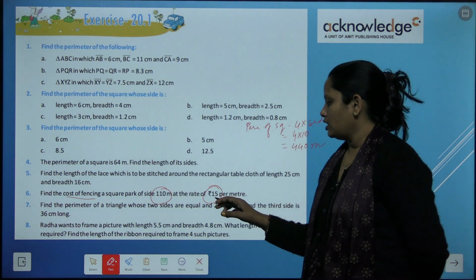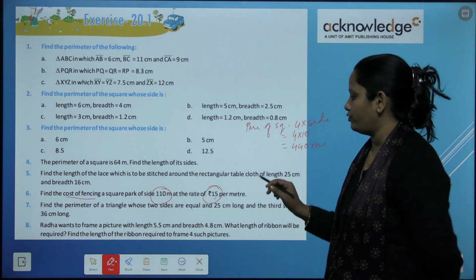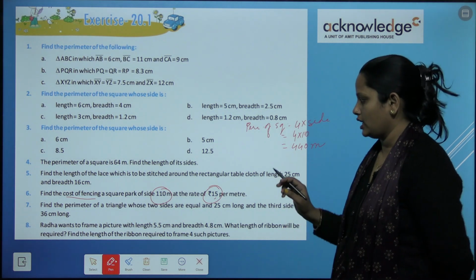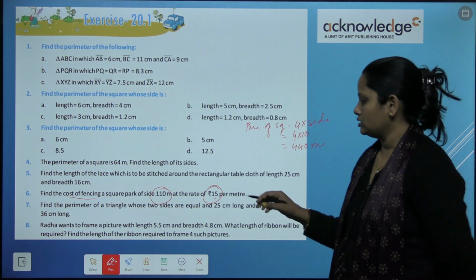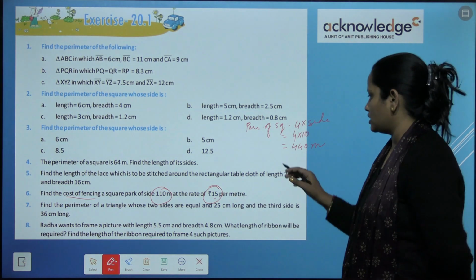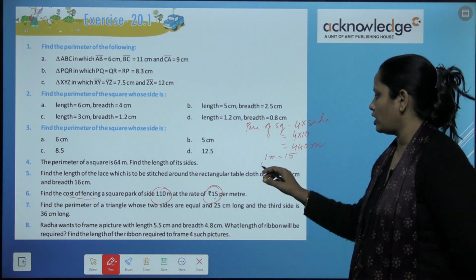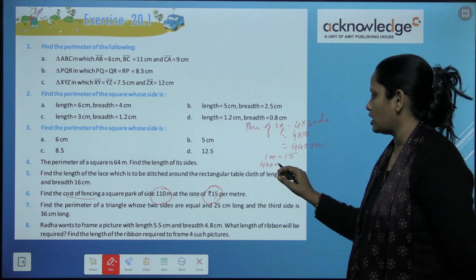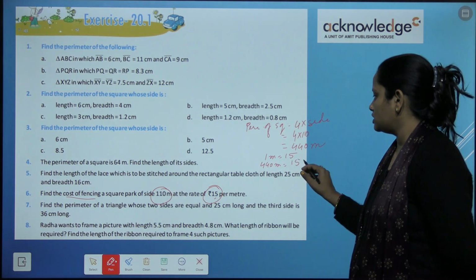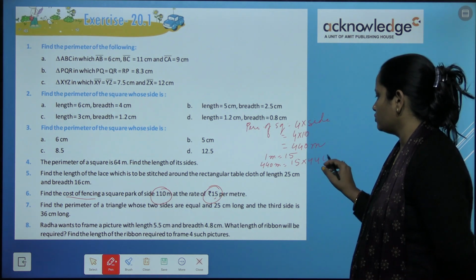Now the question is asking 15 per meter, you are getting the cost of fencing. So 1 meter is 15 rupees, so 440 meter will be 15 multiply 440.